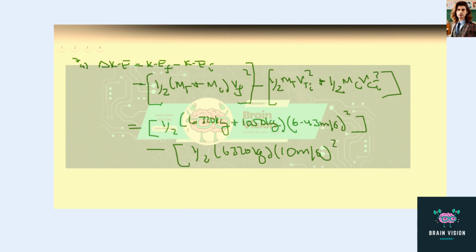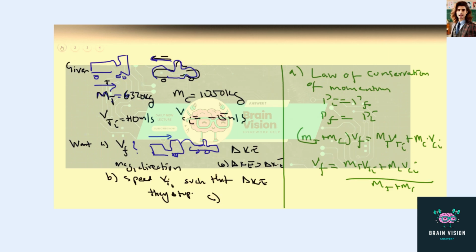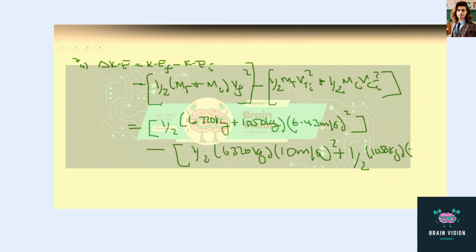So 10 meters per second squared. And then also we have plus 1/2 times the mass of the car, 1050 kilograms. The velocity of the car, if we go back, was negative 15, so we have to include that, meters per second squared.